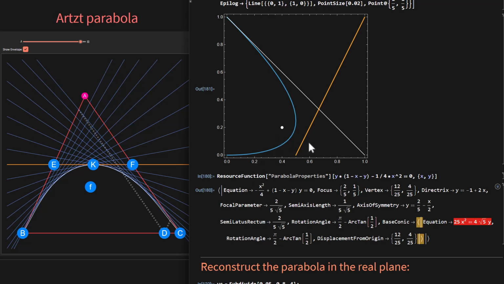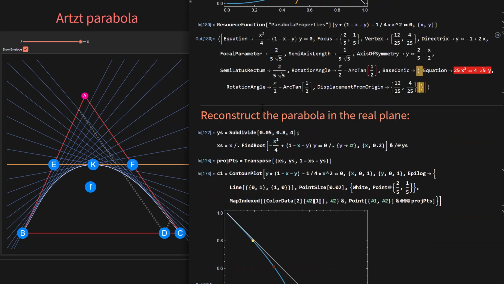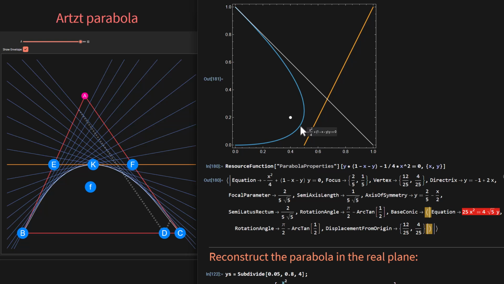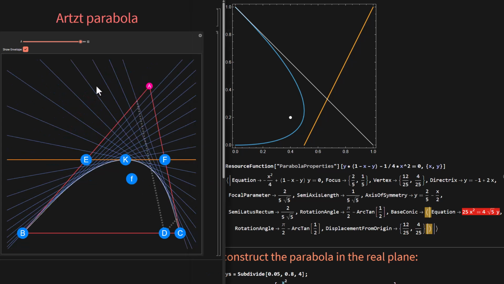Okay. Let's move on to the reconstruction part. Say we have this parabola. So how do we find this exact envelope in the real plane?